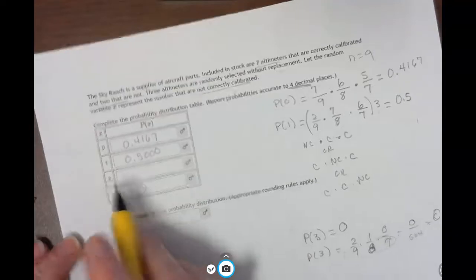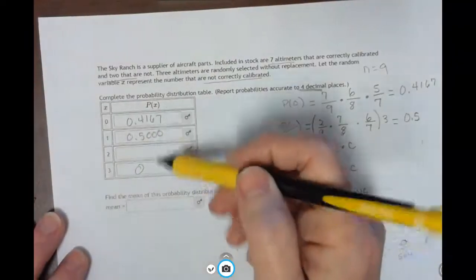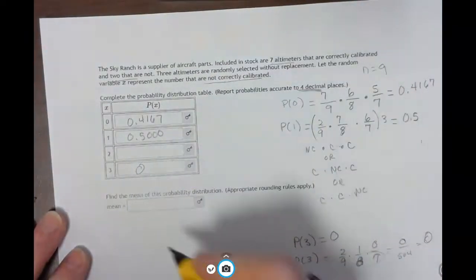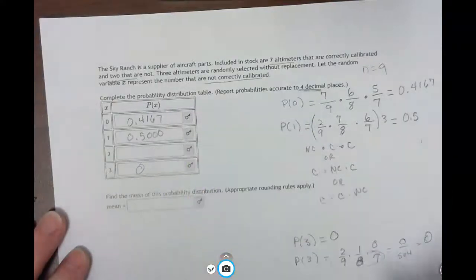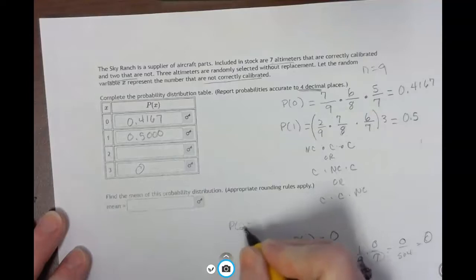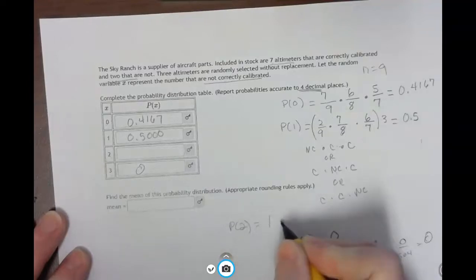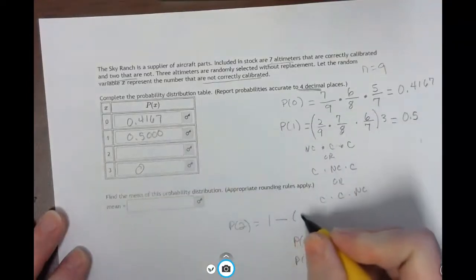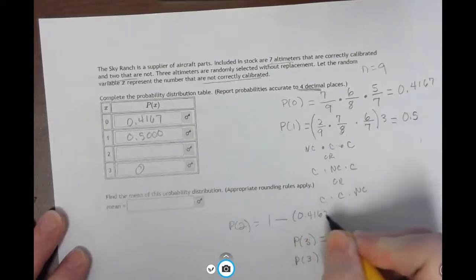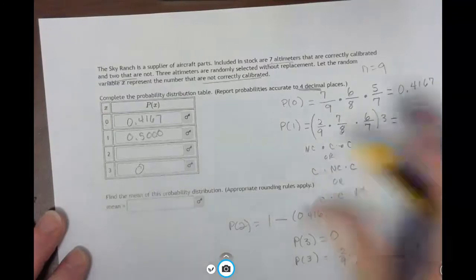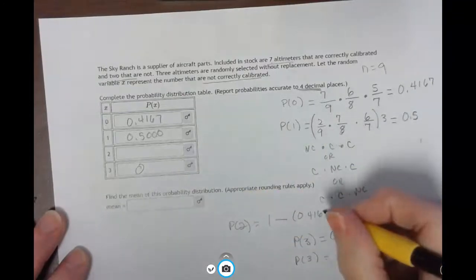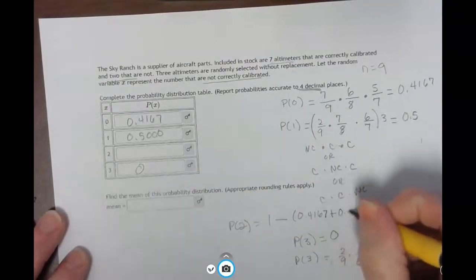Now the reason I jumped down to that one is because that makes the probability of 2 a lot easier to find, because these should all add up to 1. So I can take these 2 and let's add them together and then we'll subtract it from 1. So the probability of 2 is going to be 1 minus 0.4167 plus 0.5.